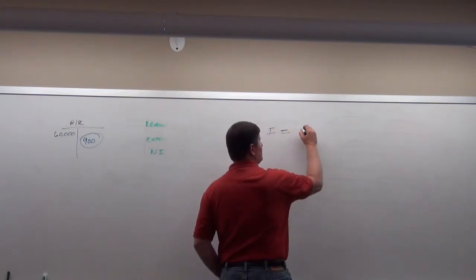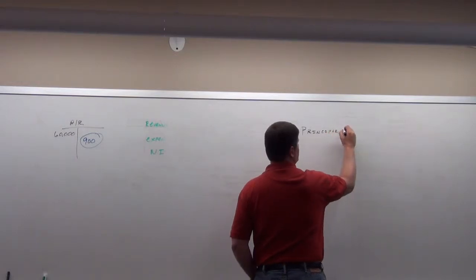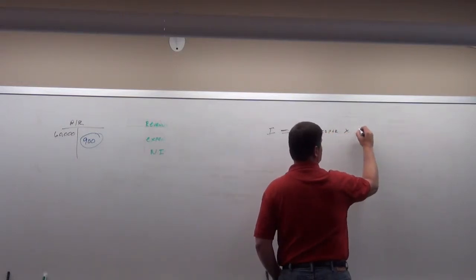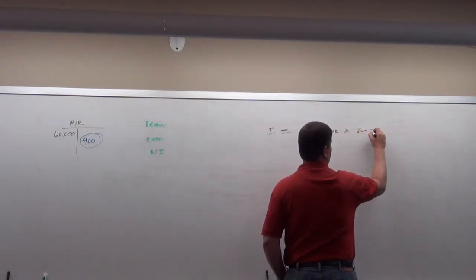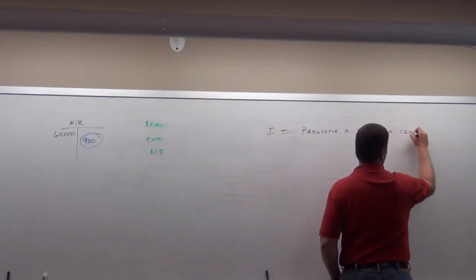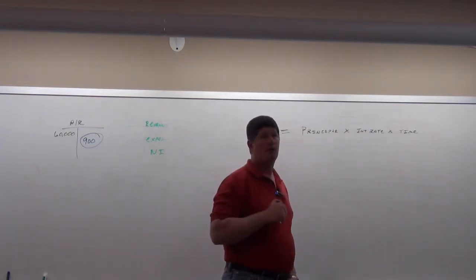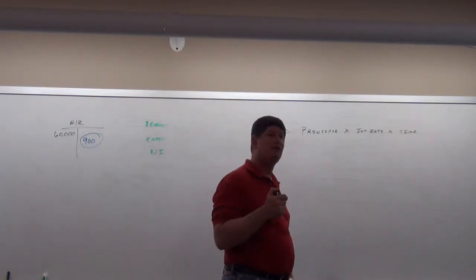Interest equals principal times the interest rate times the amount of time that you've borrowed the money. Okay, remember this formula. It's really easy, and I'm not going to give it to you on test day.